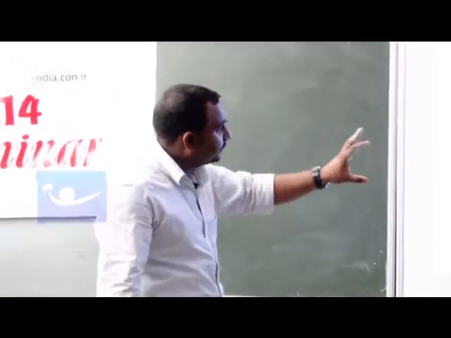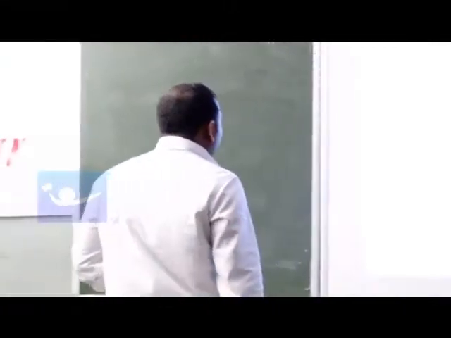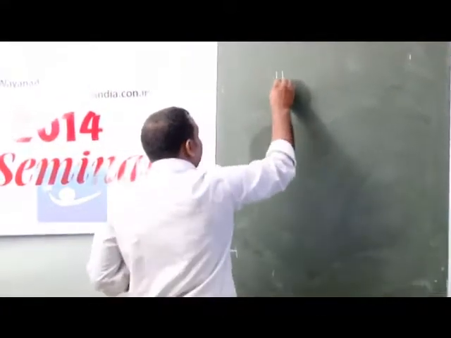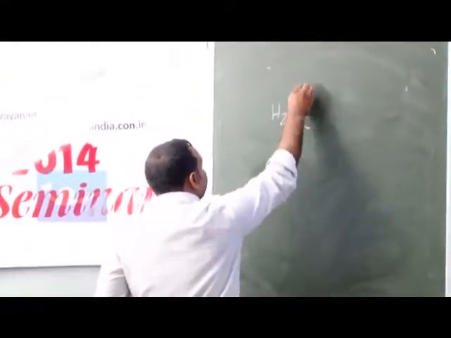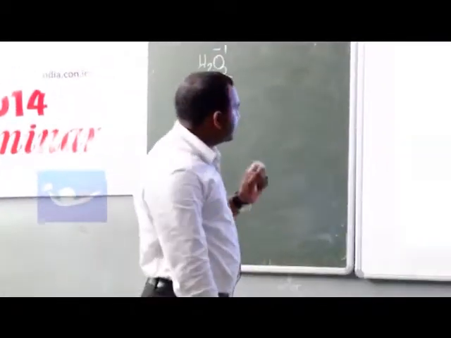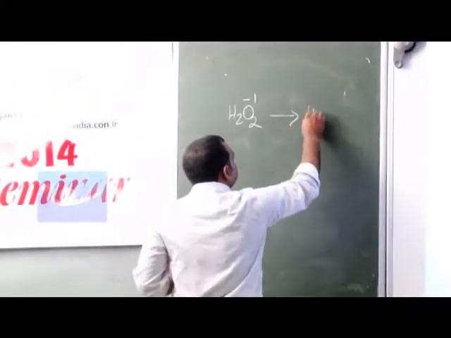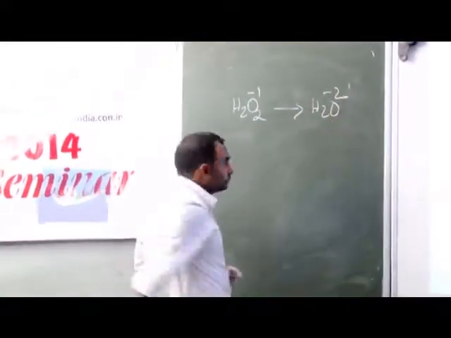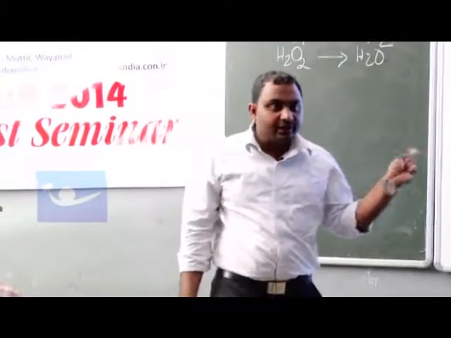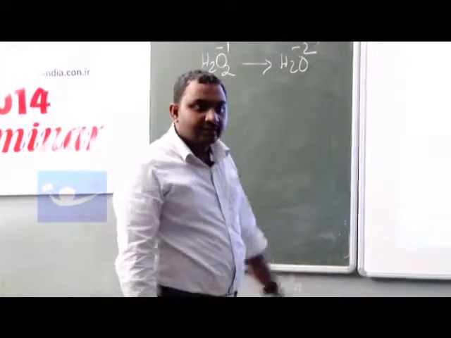So what you have to do is find out the oxidation number in each case. H2O2, what is the oxidation number of oxygen? -1. It is a peroxide. Peroxides always will have -1 oxidation state. In H2O, what is the oxidation state? -2, right? So it is getting reduced, so it cannot be a reducing agent.